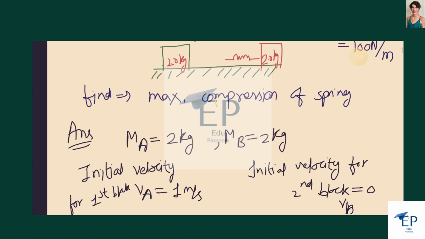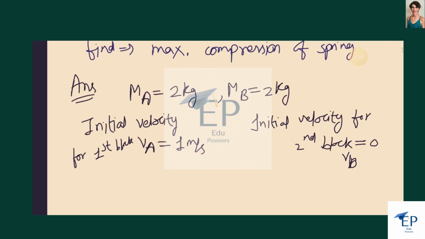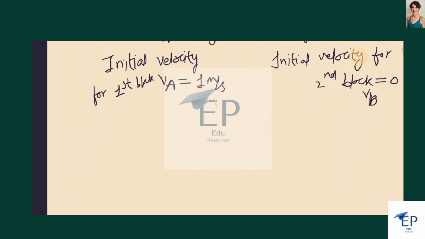Here I have written the value 0. Now the spring constant is given, K = 100 Newton per meter.